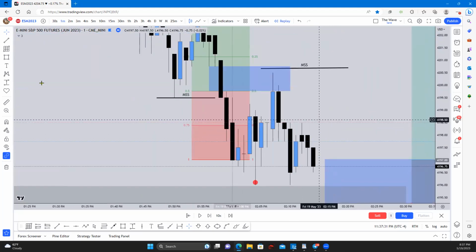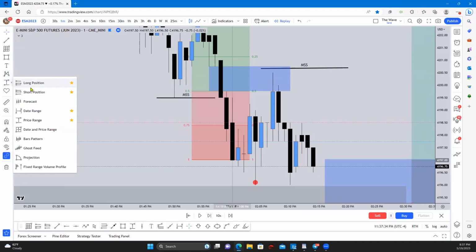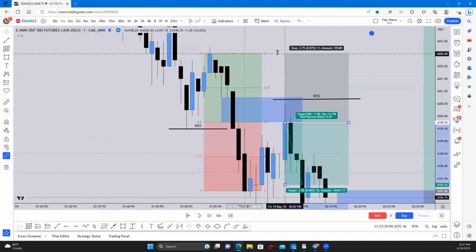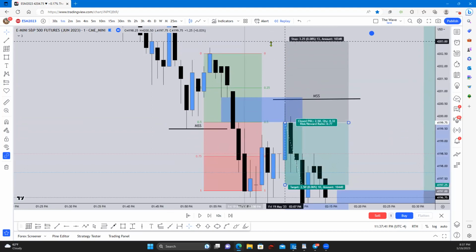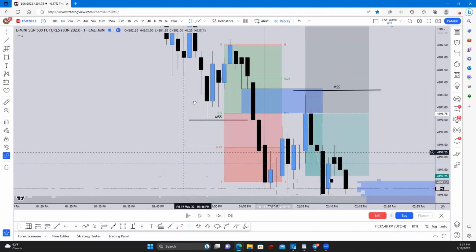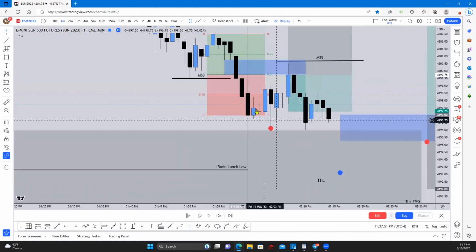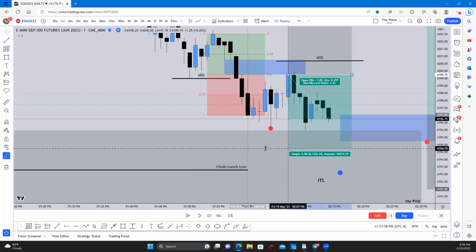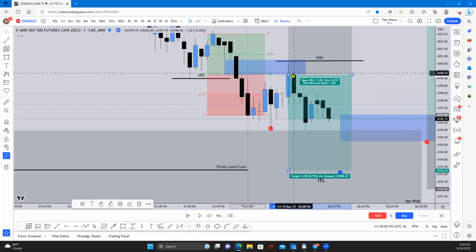Then taking a short here with your stops just above there at 350, and then targeting sell side liquidity for 650. You can go for your 5 there or target the lunch low. You're tagged in there.